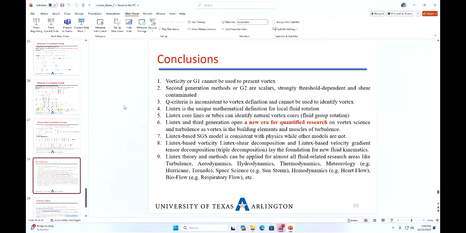No matter how many years they do it, there is no scientific foundation. That's the conclusion. We are few people, so how much work we need to do.